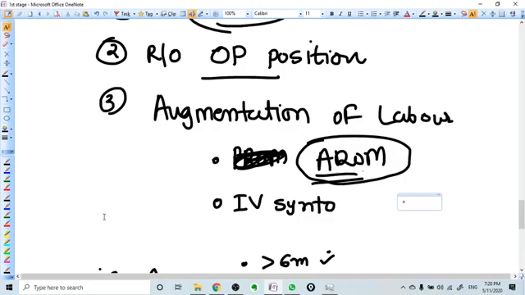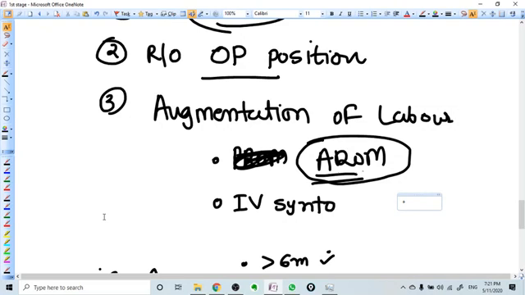When you call it an arrest, first of all you need to remember that the cervical dilatation should be at least more than 6 centimeters, and the membrane should be artificially ruptured. If the uterine contractions are not good, you have to add oxytocin. If you have taken all these measures and still the labor is not progressing, then you make the diagnosis of arrest of labor. The management and treatment of arrest of labor is nothing but cesarean section.